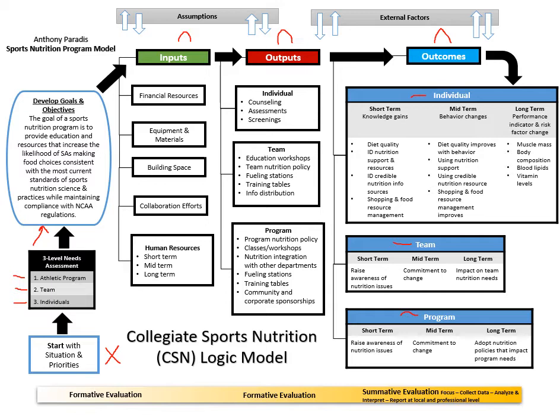And during the entire cycle of this logic model in your program, you're going to be doing forms of evaluation to make sure that everything is running smoothly. And also so that you can have a report at the end, which is going to make gathering resources and getting support for future initiatives an easier process for you.